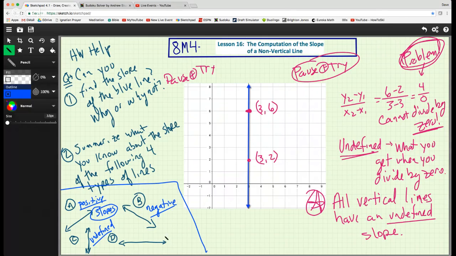And if you recall from the lesson a couple ago, if you use this same strategy, you can use the same formula and you can show that horizontal lines have a slope of what? 0. Right? They have a 0 slope. And 0 and undefined are very different. 0 is a number. It is the number 0. Whereas an undefined slope has no number representation for it. Okay.